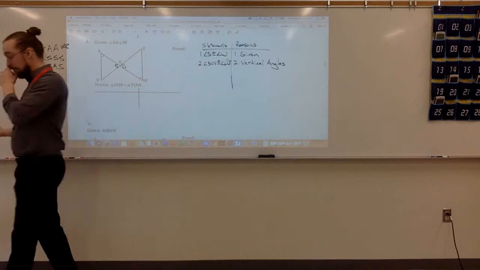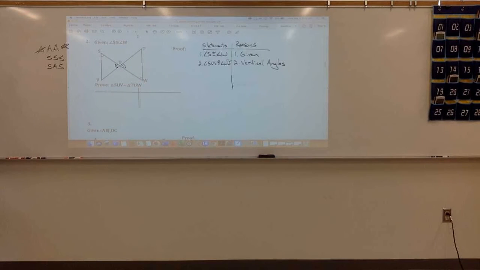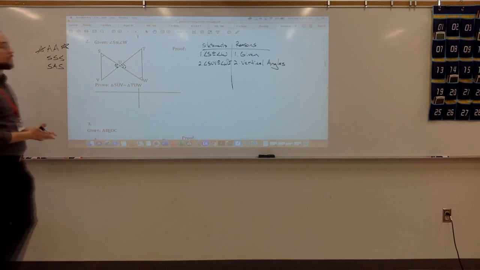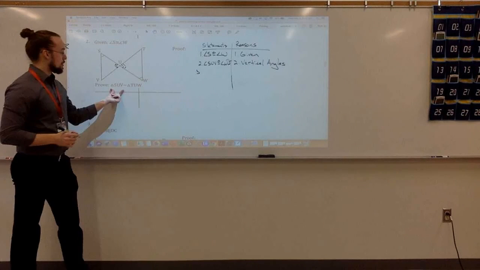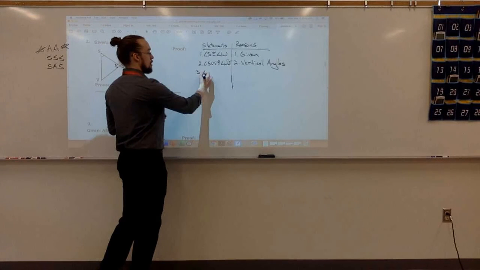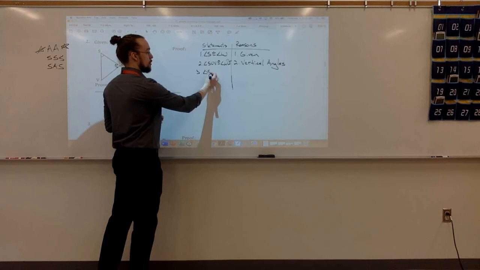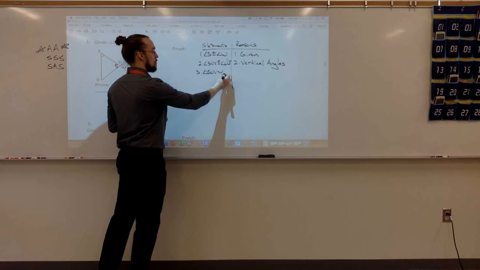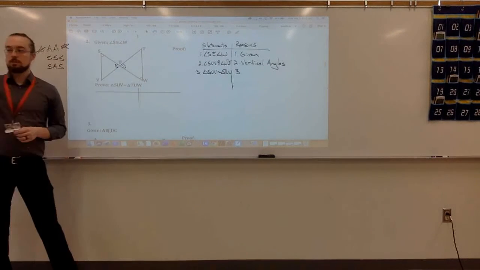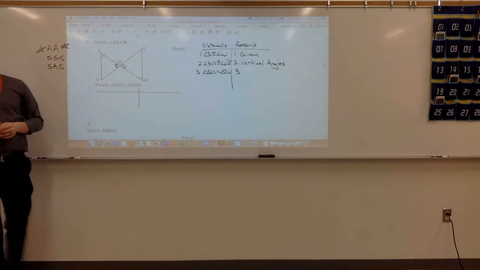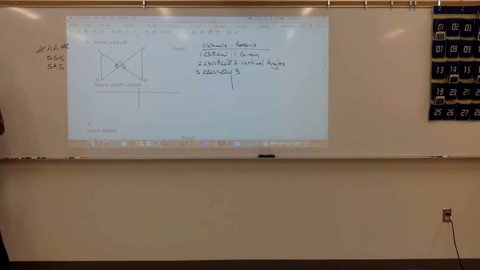Alright, so now I have two pairs of angles congruent. That's enough to say that these triangles are similar. So now we can say triangle SUV is similar to triangle TUW. What would be my reasoning? Angle, angle.